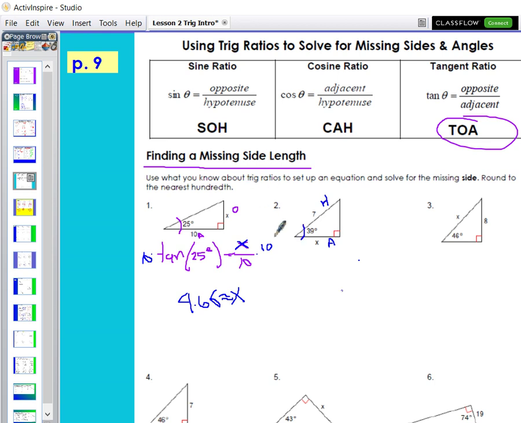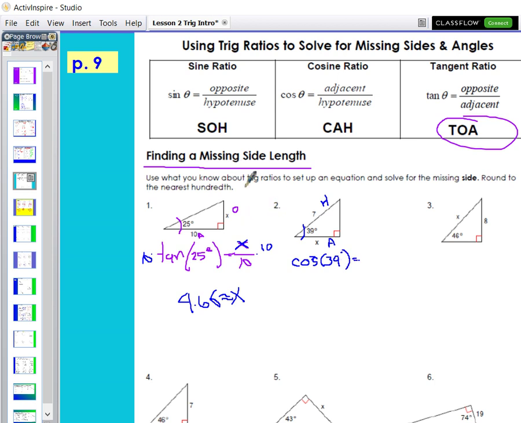All right, if you decided that cosine is the trig ratio you use, I would agree, because we're using the adjacent and the hypotenuse. So I want to set up that ratio. Cosine of 39 degrees, that does not mean times 39, it's cosine of an angle, not times an angle.